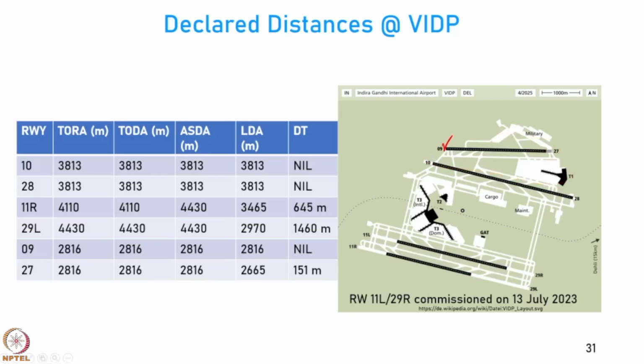Since runway 09 does not have any displaced threshold, the runway length is 2816. So, that is the TORA, TODA, ASDA and LDA. But in case of 27, from this direction, because of the displaced threshold, you have to reduce the landing distance available by 151 meters.